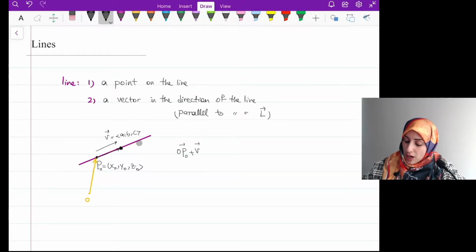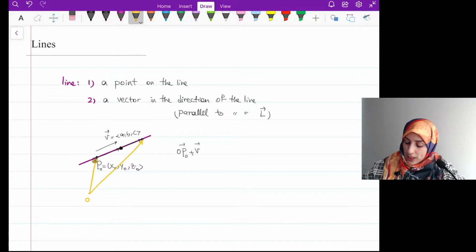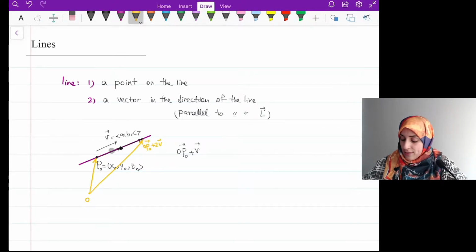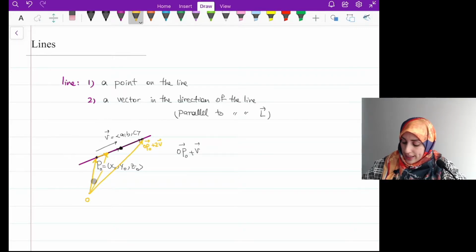If I have two copies of v, then this point would be, let me graph it, OP0 plus 2v. If I have just half of v, I would be here, and I get OP0 plus half of v.